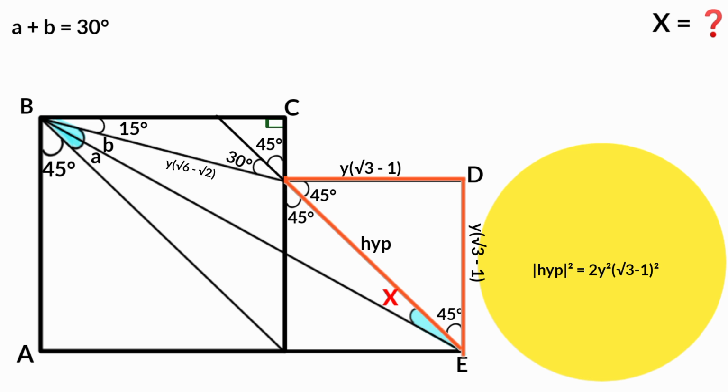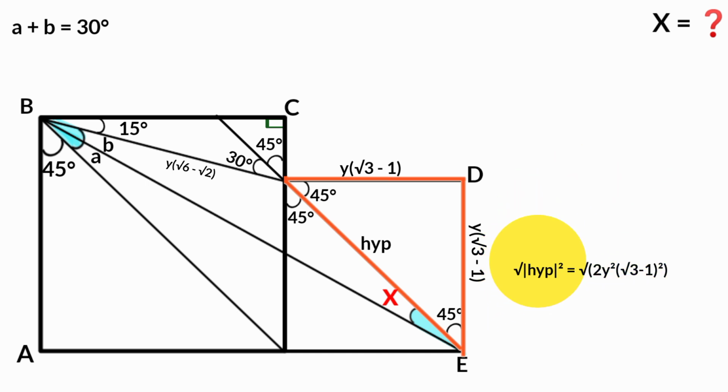Taking the square root of both sides, here the square root of hypotenuse squared is the hypotenuse, and here the square root of 2y squared (root 3 minus 1) squared is square root of 2 times square root of y squared times square root of (root 3 minus 1) squared. Square root of y squared is y, and square root of (root 3 minus 1) squared is root 3 minus 1.